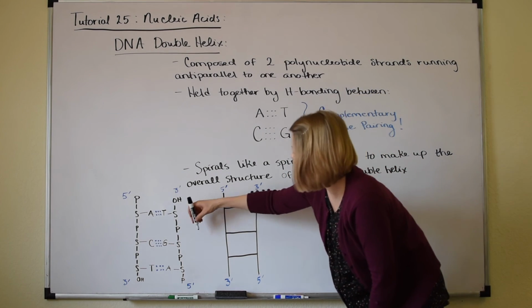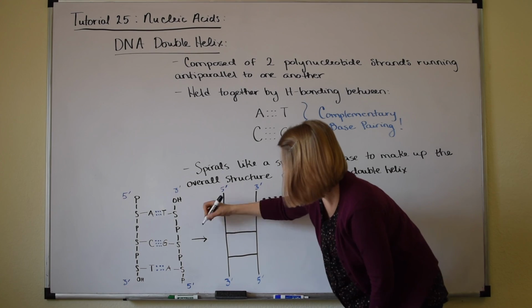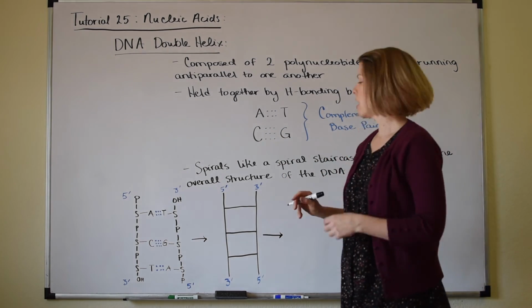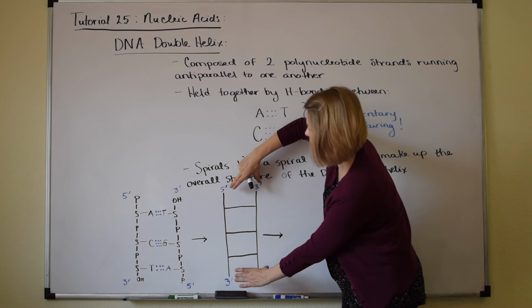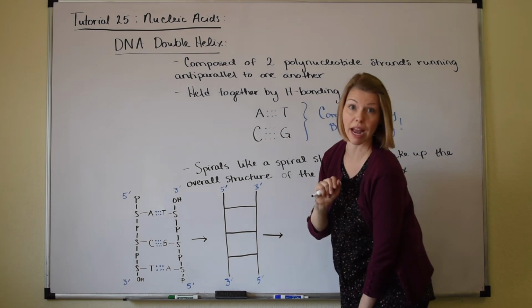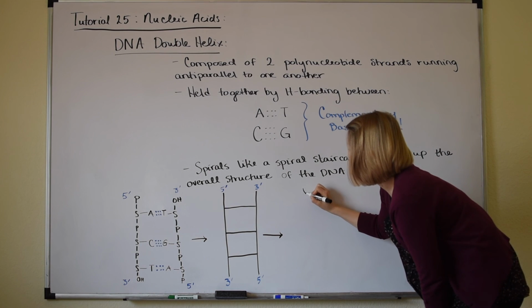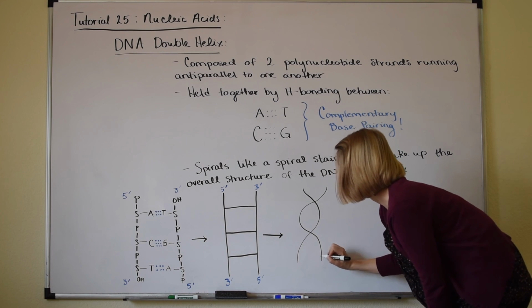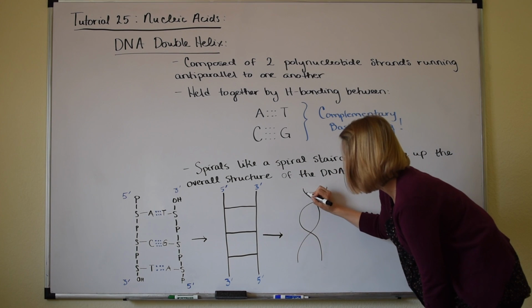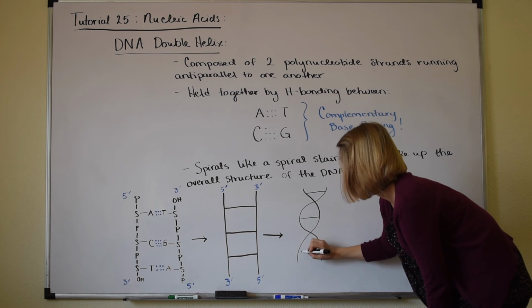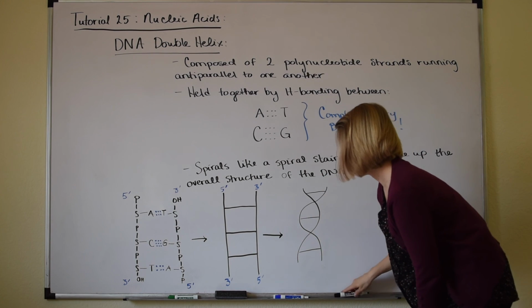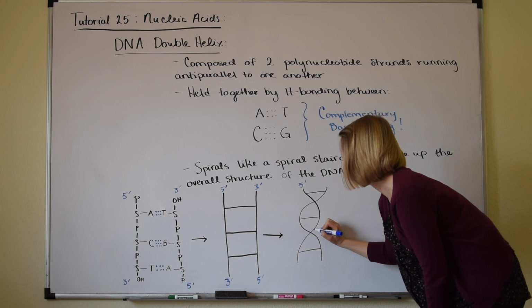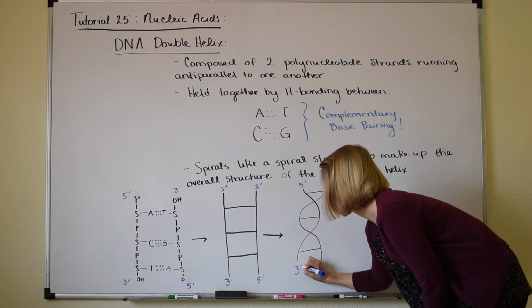And then to understand that spiraled structure, imagine grabbing the 2 ends of that ladder and twisting in opposite directions so that you get the spiraled staircase, which you'll often see drawn kind of like this. Okay, so if this is our 5' end, follow the polynucleotide chain to the 3'.